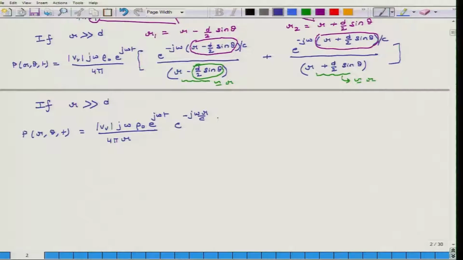So, I have taken it outside the bracket, and in the bracket I have e to the minus j omega d sin theta over 2c, and minus becomes positive, plus e, and here minus and positive became negative. So, minus j omega d sin theta divided by 2c.